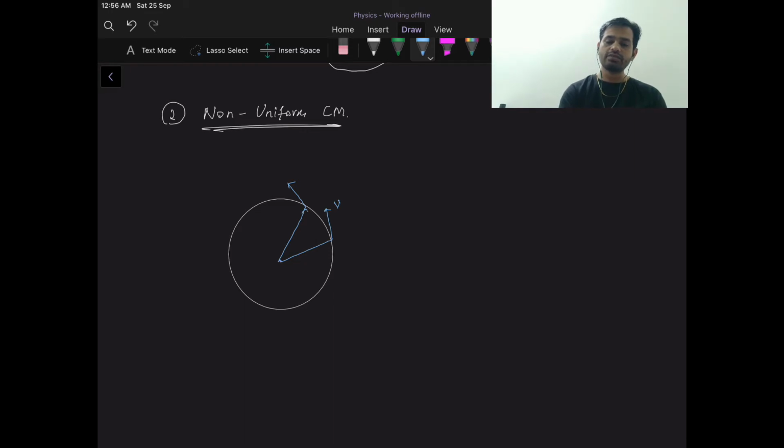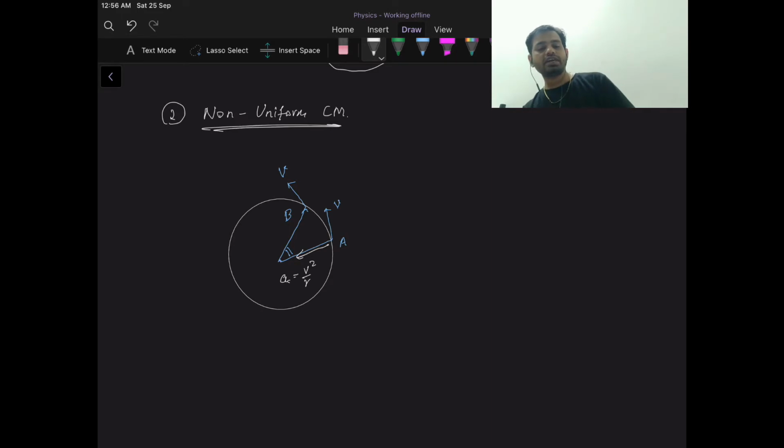by a very small distance. So we can say that the speed of the particle at point A and at point B is approximately the same, not much difference. So we can talk about the centripetal acceleration. The centripetal acceleration at this instant will be towards the center, and it will be equal to v square divided by r.